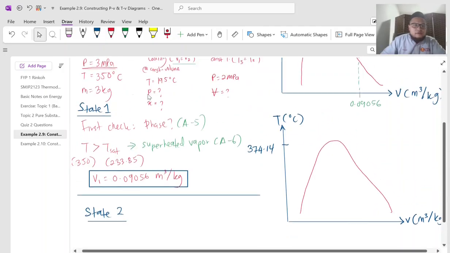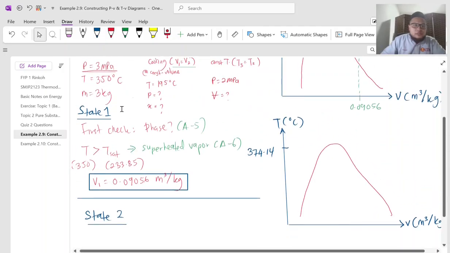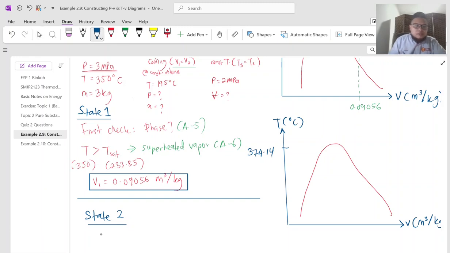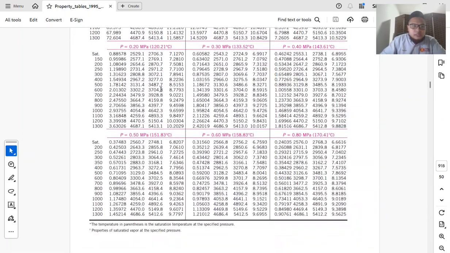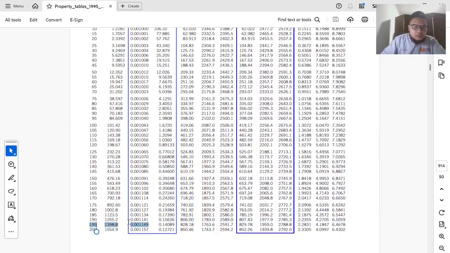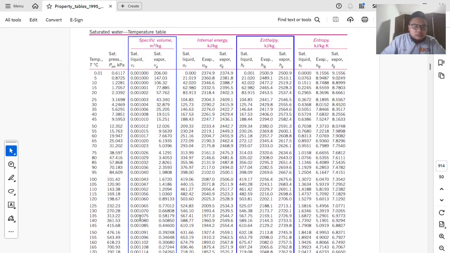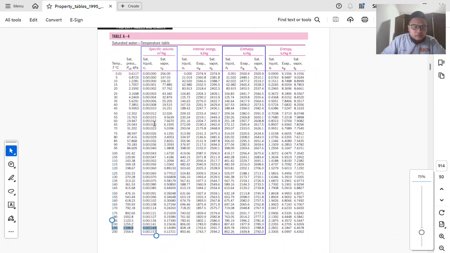We have a temperature of 195 degrees Celsius. So we know for 195, the temperature-based table is A4, so I'm going to go with table A4. I know that my Vf and Vg are in this section of the table, in the blue box there.